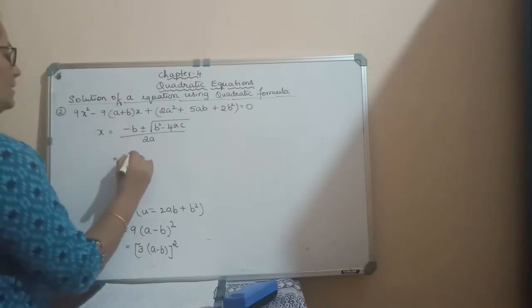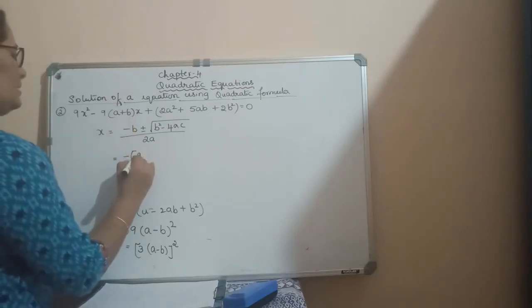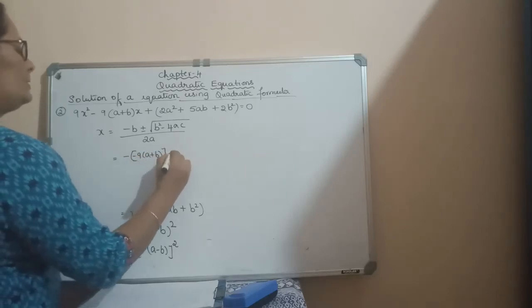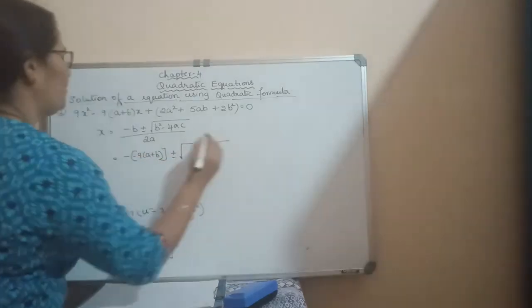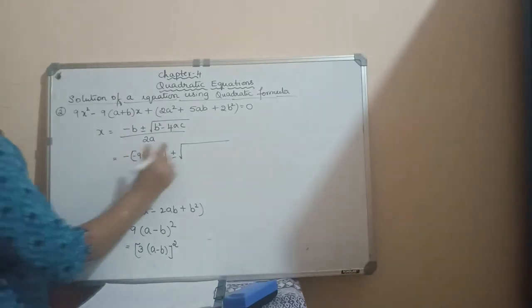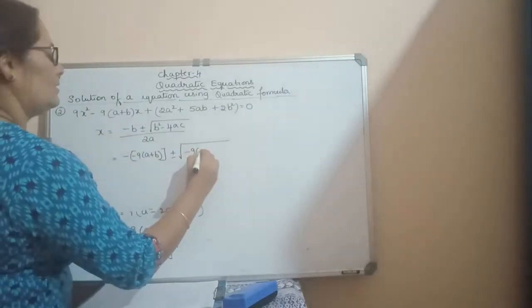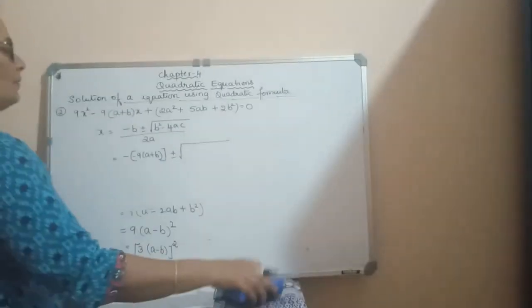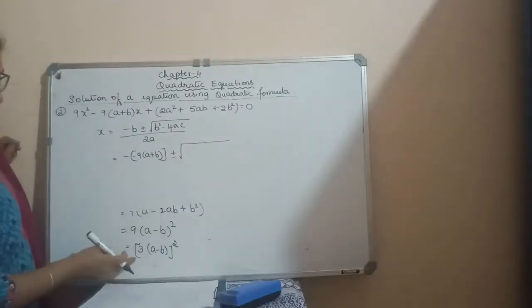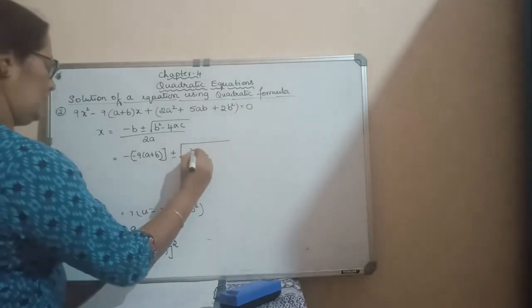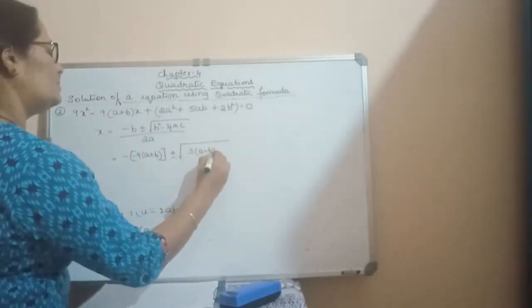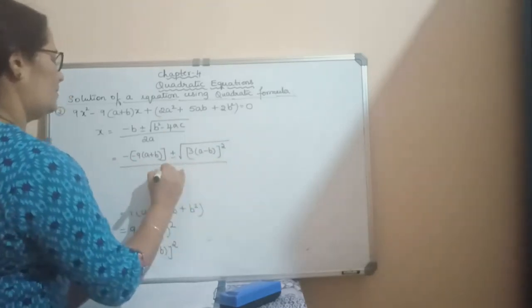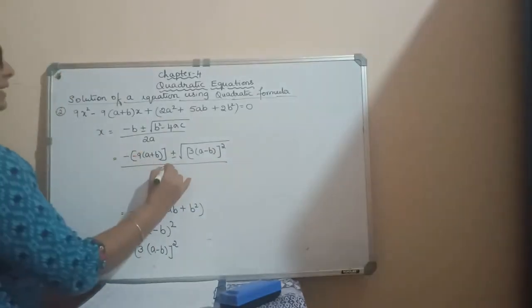So minus of minus 9 into a plus b plus or minus root of b square, that is minus 9 into a plus b whole square. So b square minus 4ac we already found here. So 3 into a minus b whole square divided by 2a. A is 9.